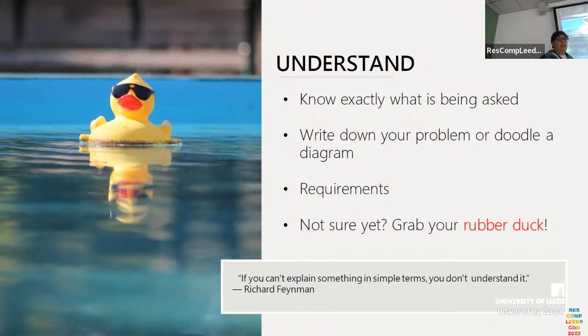The idea behind this technique is that if you try to explain your problem to someone that doesn't have any clue about what you're talking about, you're going to do this in the most simple way possible. And when you do this, you create some kind of better understanding of your problem because you are just able to explain something if you understand it. So sometimes the best way of learning something is teaching. So grab your rubber duck and talk with it.